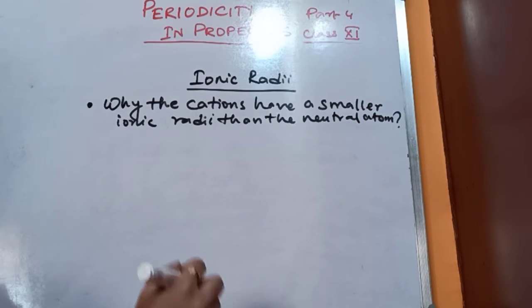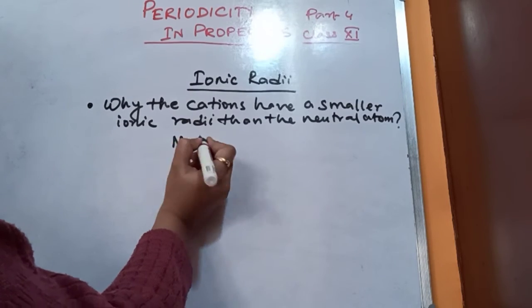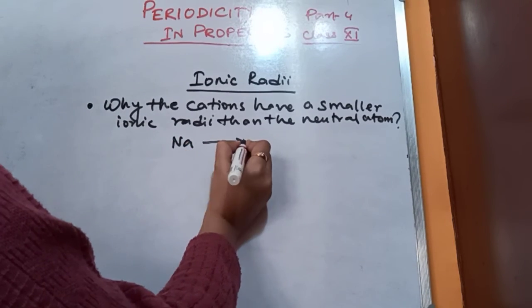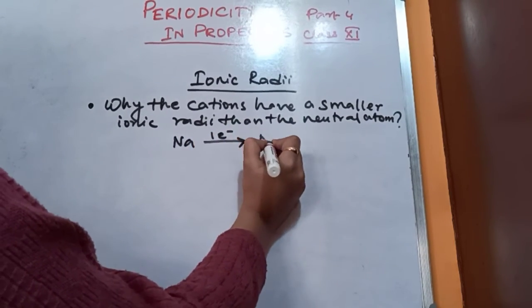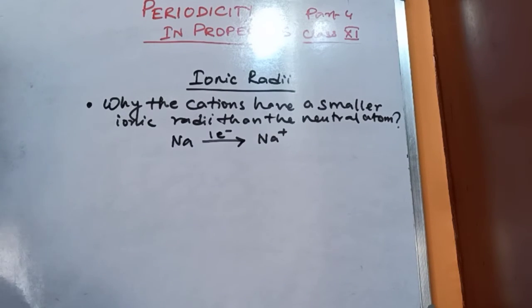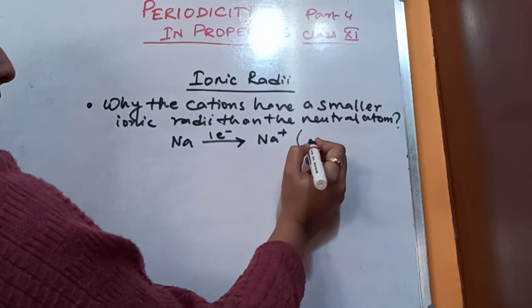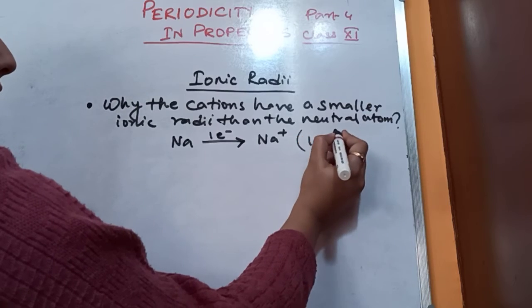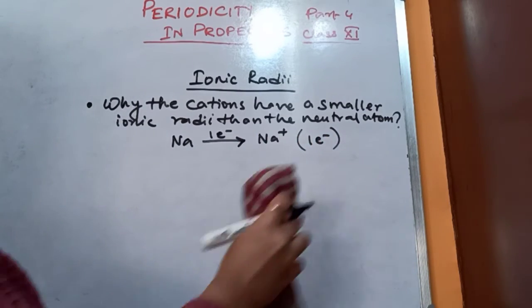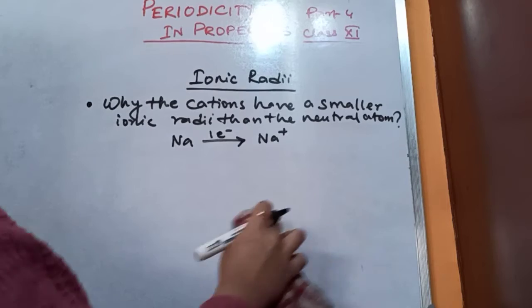If I consider the example of sodium, if sodium gives one electron, it will become Na+. Now remember, sodium has only one electron in the outermost shell.